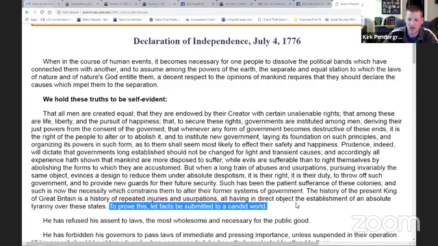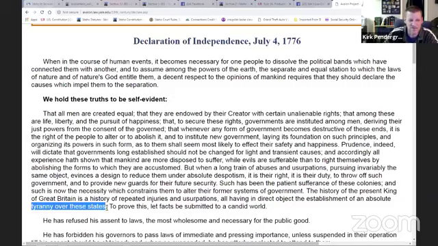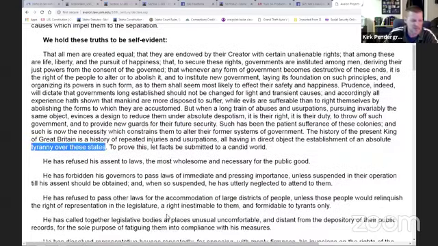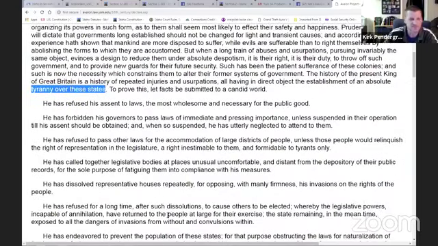Okay, and what's going on here: the history of the present king of Great Britain is a history of repeated injuries and usurpations, all having in direct object the establishment of an absolute tyranny over the states. To prove this, right, let these facts be submitted to a candid world. He has refused his assent to laws the most wholesome and necessary for the public good.